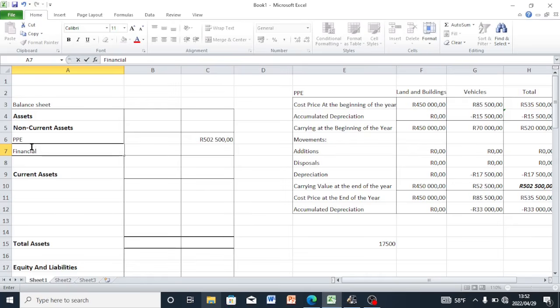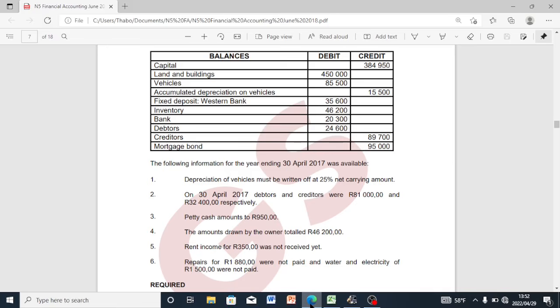What are our financial assets? Our financial assets are non-physical assets. These are our investments. So looking at our information, we have a fixed deposit. A fixed deposit is an investment. We as a business invested this amount, 35,600, to Western Bank.